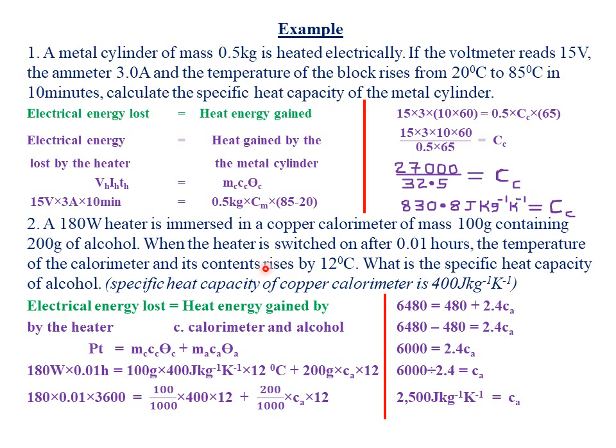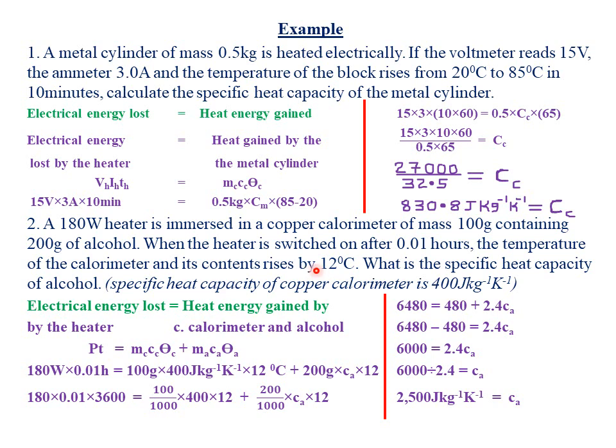So if the question says that the temperature rises by 12 degrees Celsius, if it rises by, that is already the change in temperature. That means they have already taken the final temperature minus the initial temperature, or the difference between the final and the initial temperature. That is what we mean by temperature rises by. But if it was the temperature rises from, then that means that it is the initial temperature.